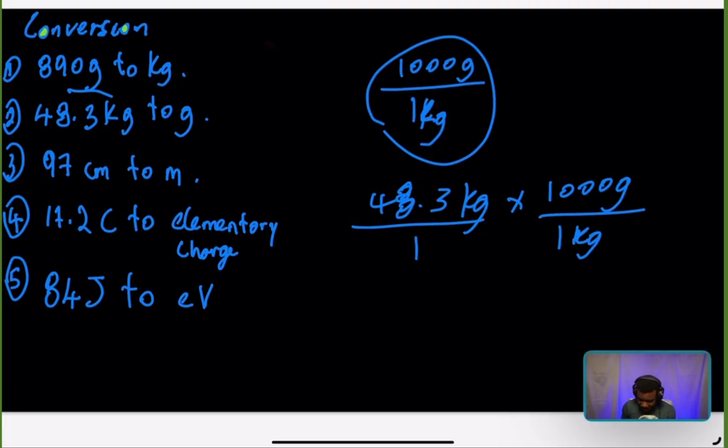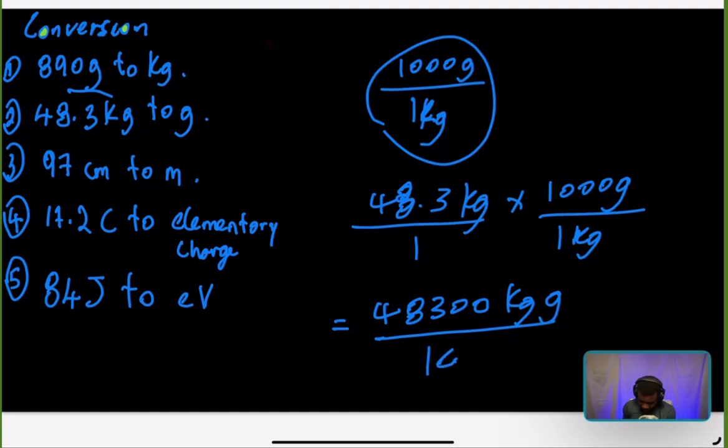So now we can multiply numerator by numerator, denominator by denominator, and we should get 48,300 grams divided by 1 kilogram. The kilogram will cancel the kilogram, so all we are left with is 48,300 grams. And that's our final answer.